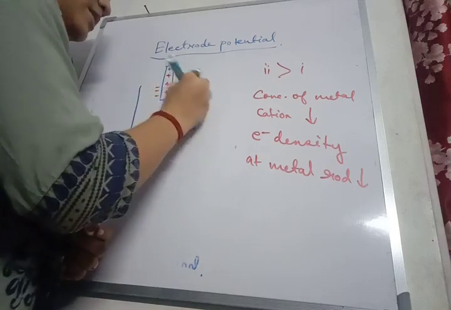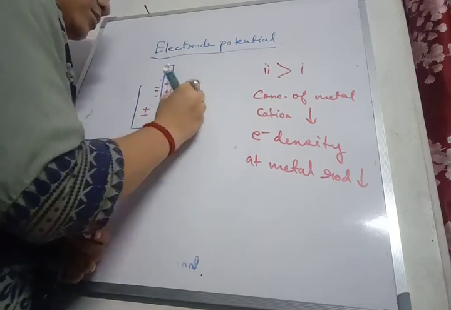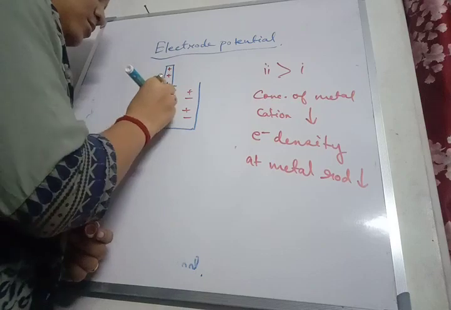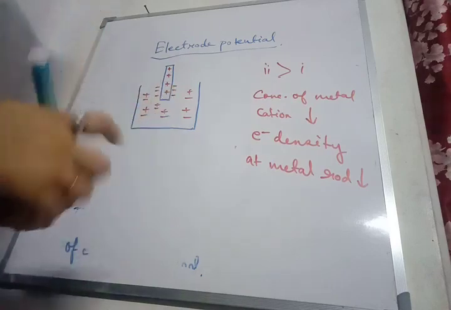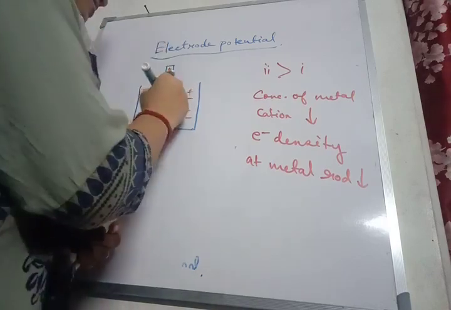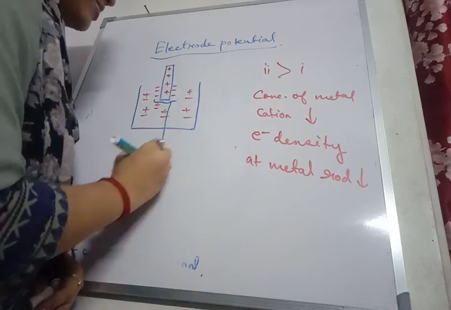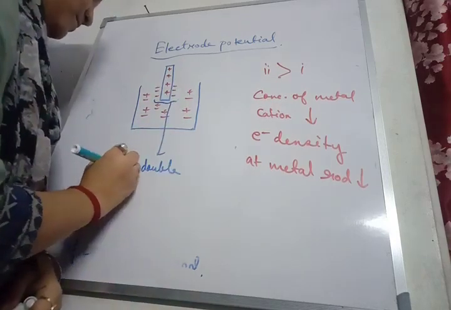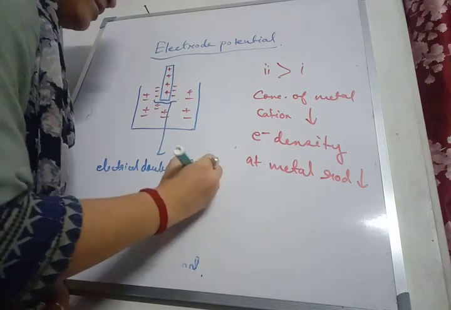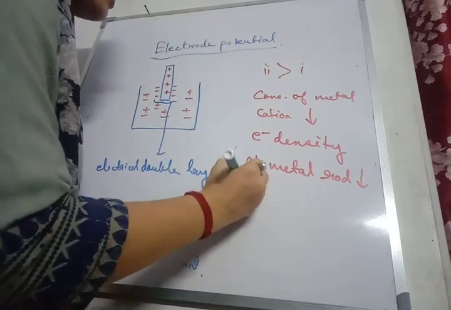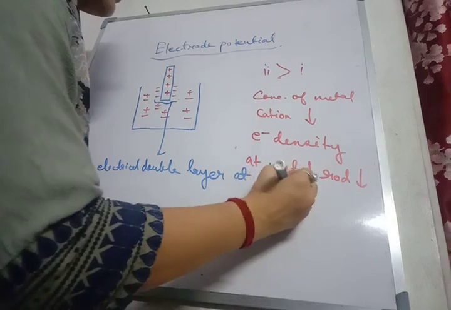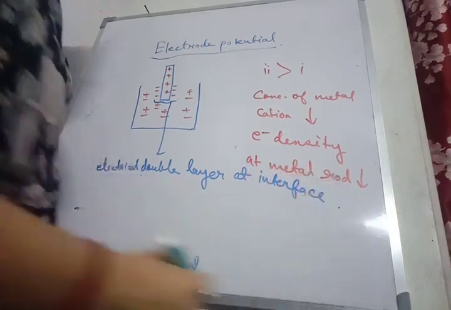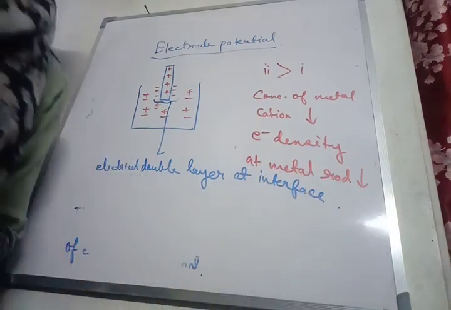Right? Throughout my solution will be electrically neutral. It is the charge formed only at the interface. It is an electrical double layer formed at the interface. Interface means the point at which the metal rod is in contact with the solution of its ions. So this gives rise to electrode potential.